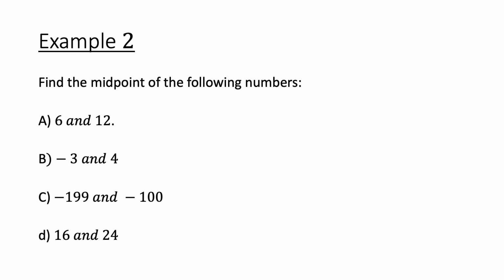Next part, minus 199 and minus 100. So minus 199, I'm going to be adding minus 100, which gives minus 299, divided by 2, which would give me minus 149.5.